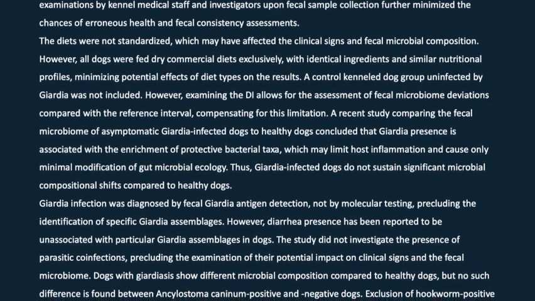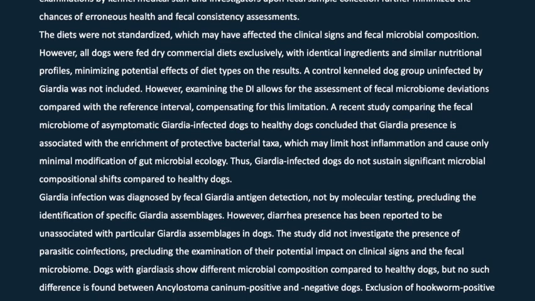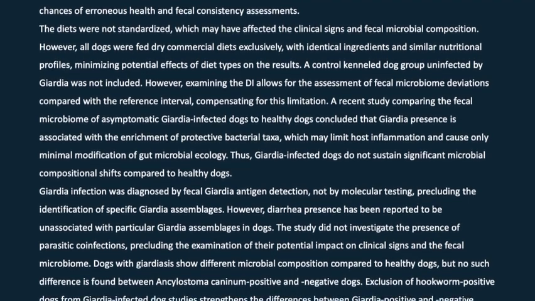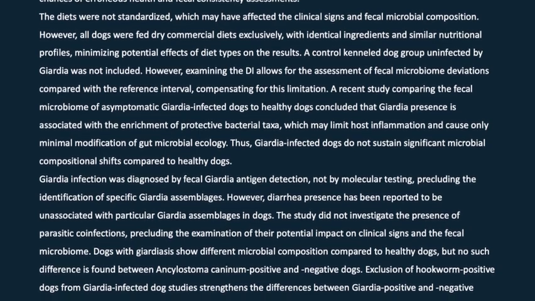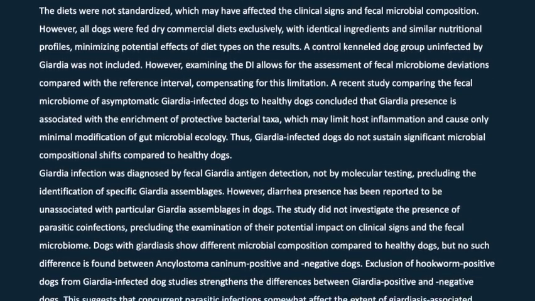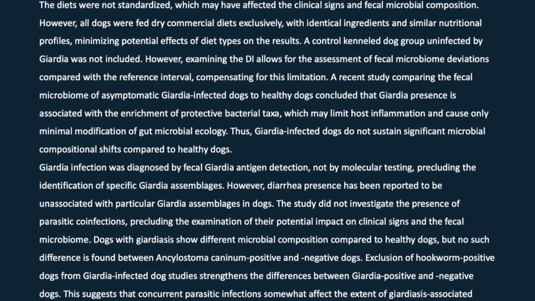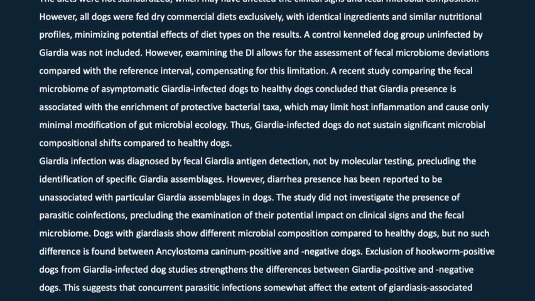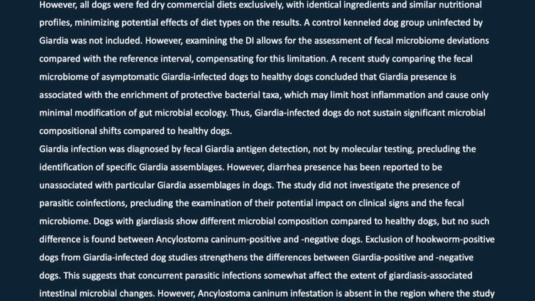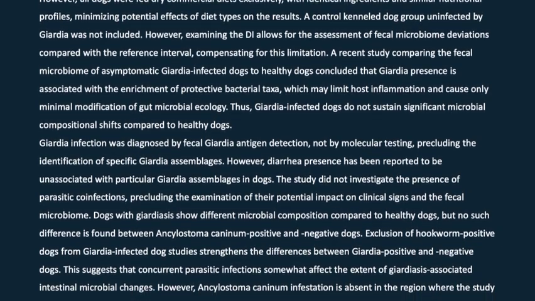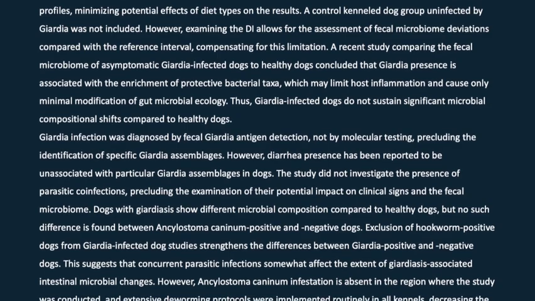Giardia infection was diagnosed by fecal Giardia antigen detection, not by molecular testing, precluding the identification of specific Giardia assemblages. However, diarrhea presence has been reported to be unassociated with particular Giardia assemblages in dogs. The study did not investigate the presence of parasitic co-infections, precluding the examination of their potential impact on clinical signs and the fecal microbiome.